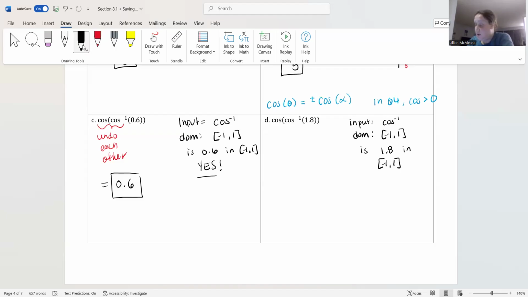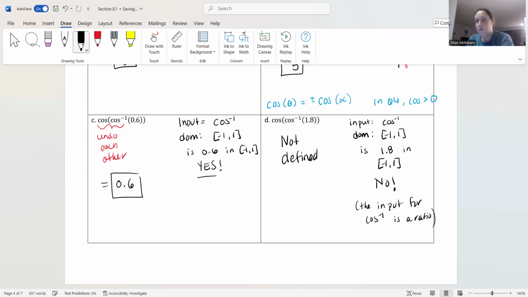And the answer is no, it's not. And because we're dealing with inverse cosine, the input is a ratio. And because it's not an angle, we are just really limited. This is outside of the domain. We can't do it. So we would just say this is not defined.